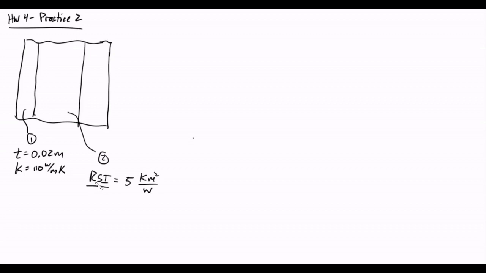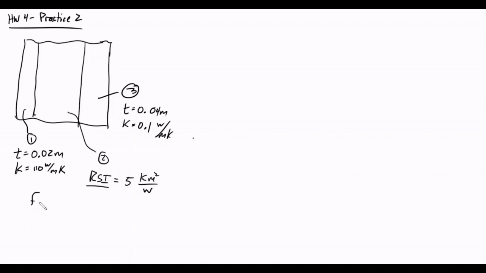That's why it's R, like our value, SI. All right, and then item number 3 is drywall, and the drywall is 4 centimeters thick, which is 0.04 meters, and it has a thermal conductivity of 0.1 watts per meter Kelvin, which is much more realistic.